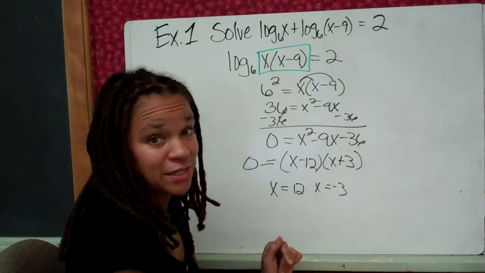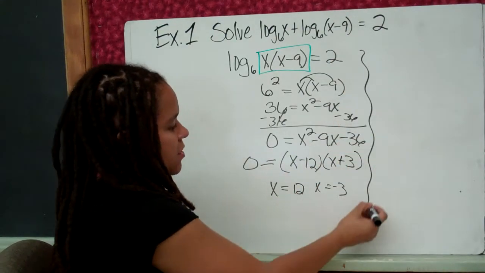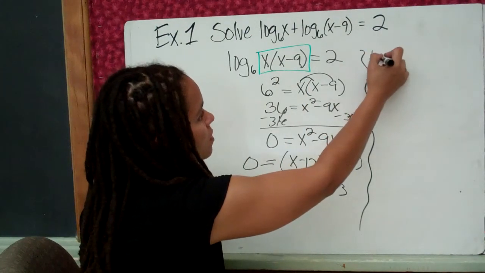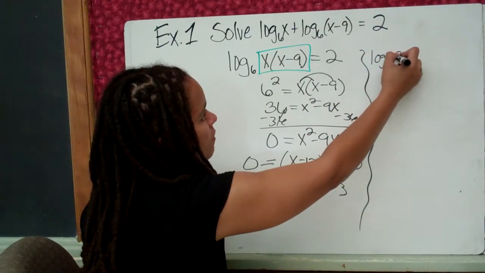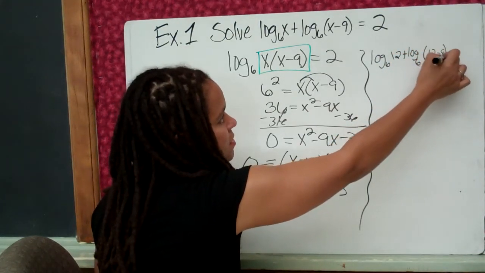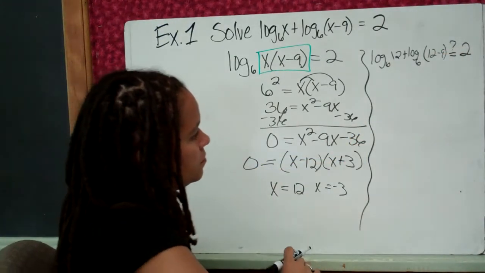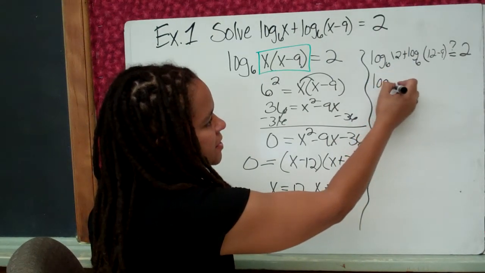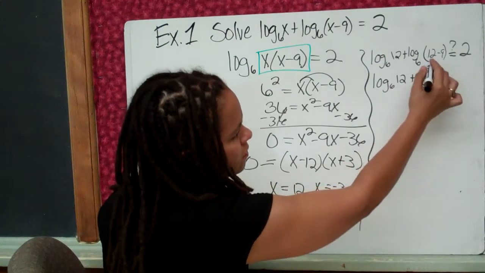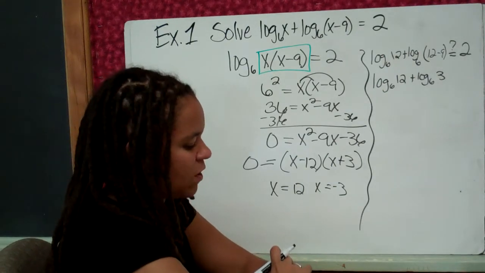So again, I do need to check and see if both of those work. Let's check 12 back in the original. So log base 6 of 12 plus log base 6 of 12 minus 9. Is that equal to 2? So log base 6 of 12 plus log base 6 of 3.